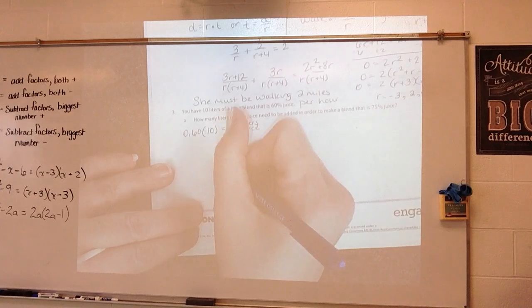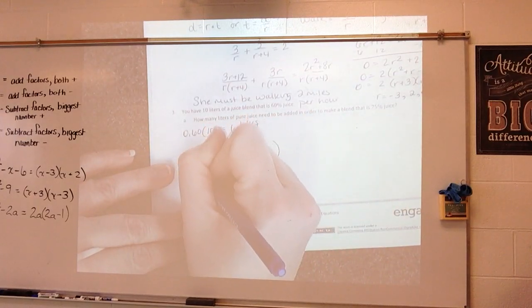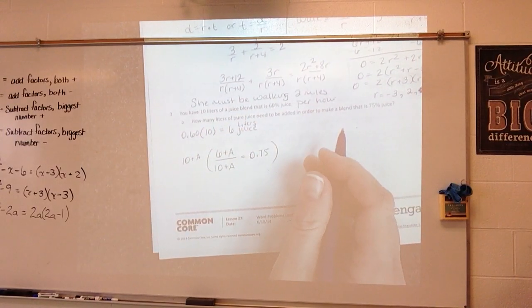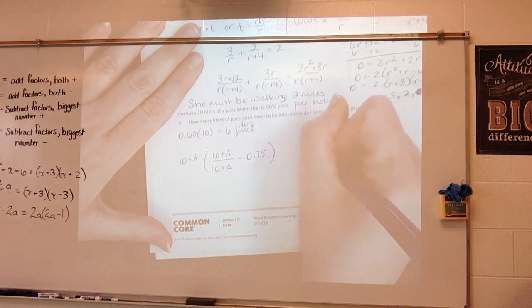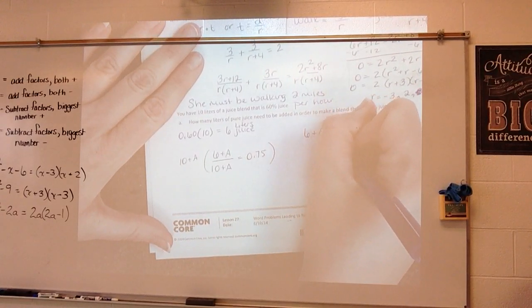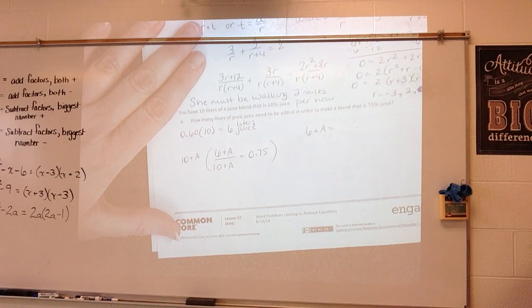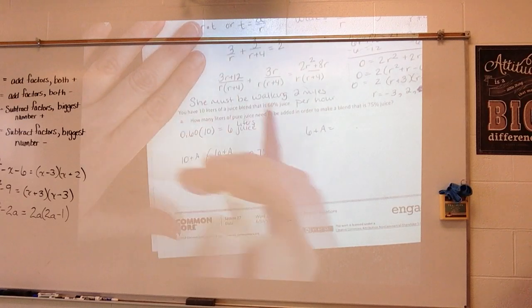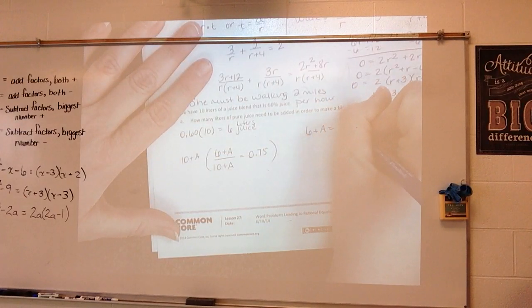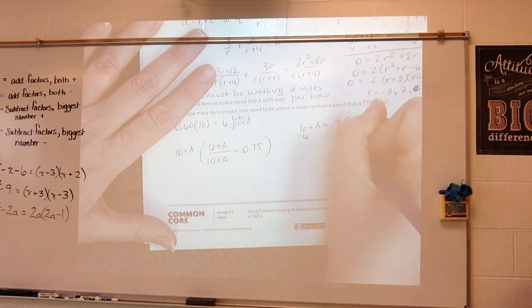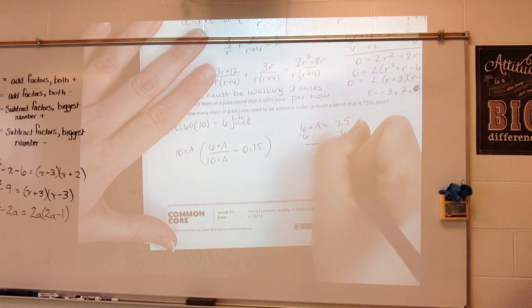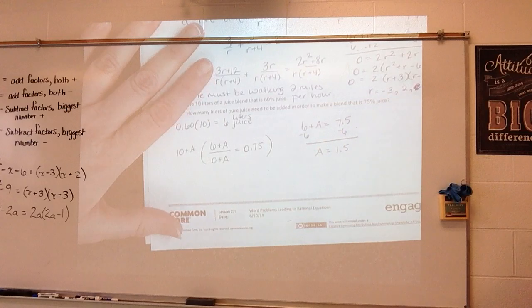Alright, so now I'm going to multiply through by 10 plus A. So I get 6 plus A is equal to 7.5. Subtract 6. A would be equal to 1.5.